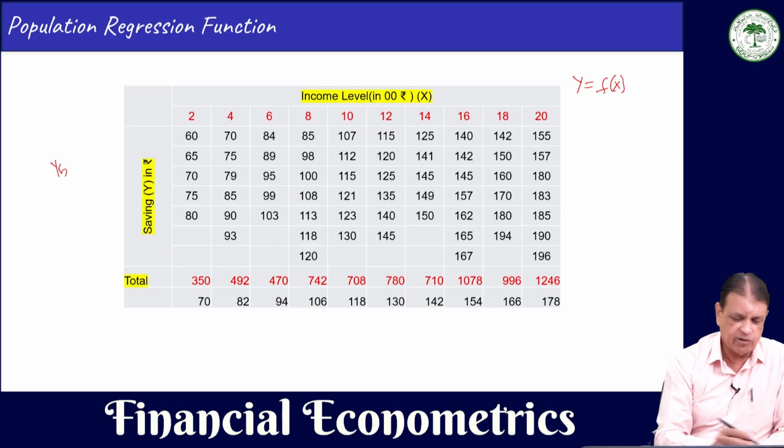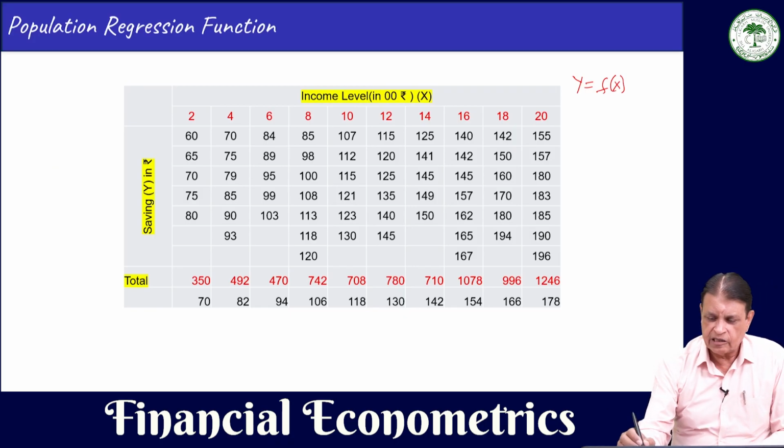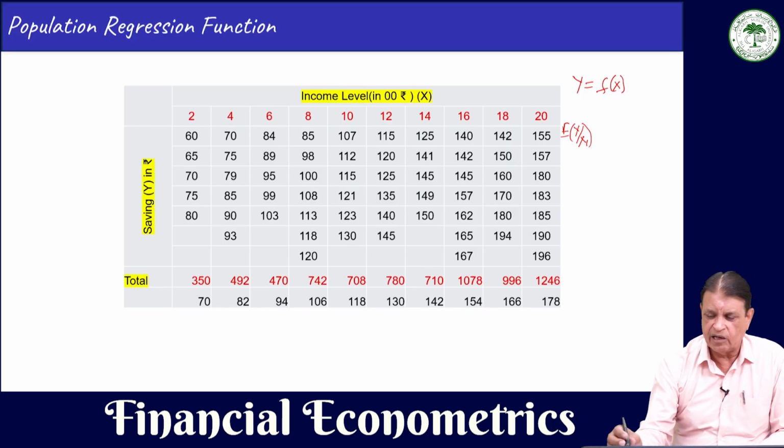So we can find the expected value of Y given X1. This one is X1, and we want to find the expected value of Y given the value of X1.